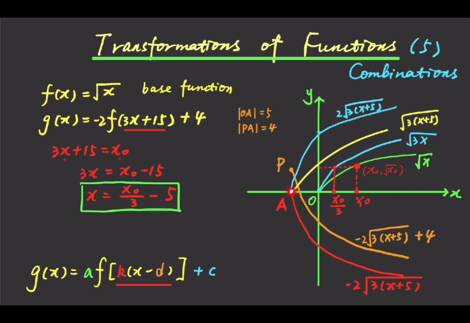Here, this y-coordinate equals 0, so times 2 still equals 0. So this point stays itself, but if this point's y-coordinate is amplified by 2, it should be here. Similarly, we can get the corresponding point for every point on this graph, then we can get this graph.